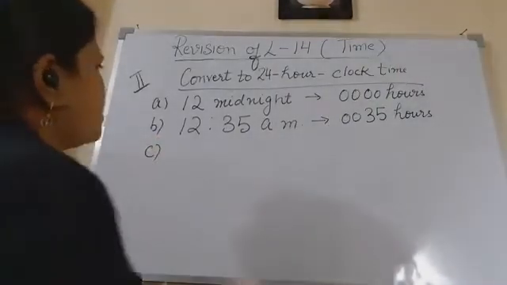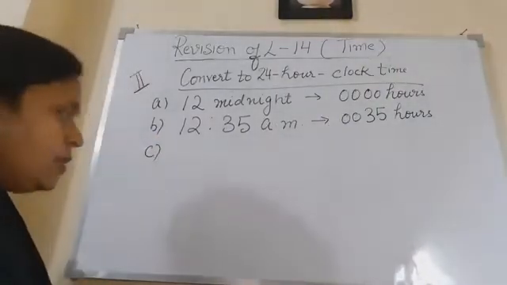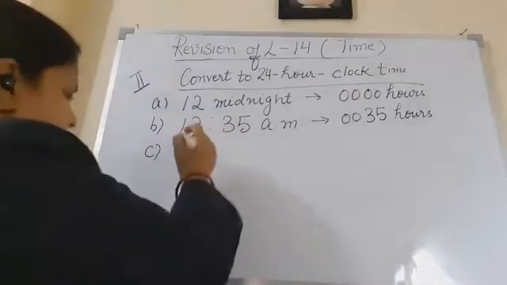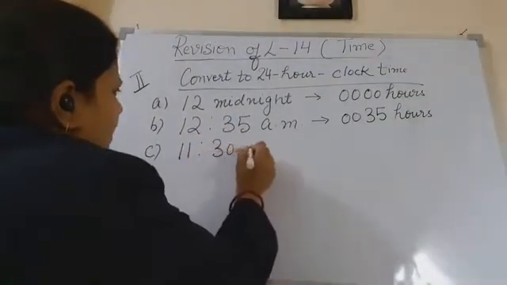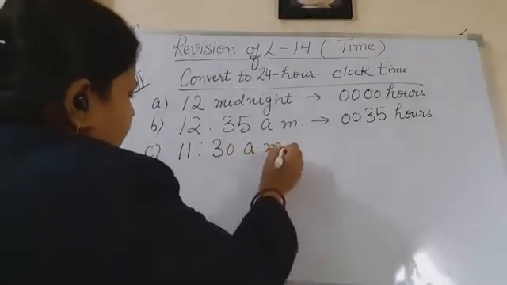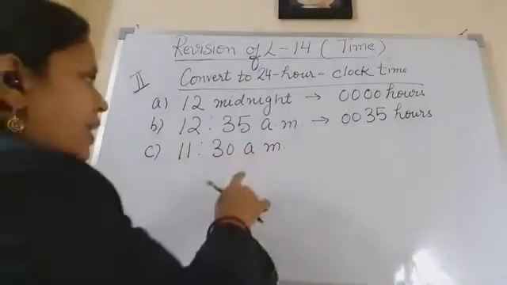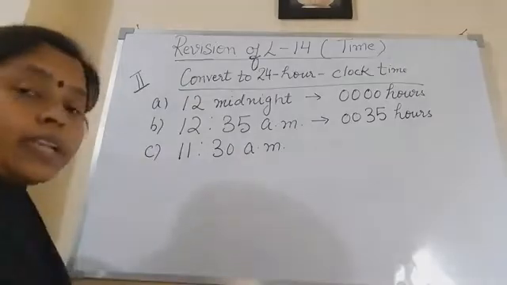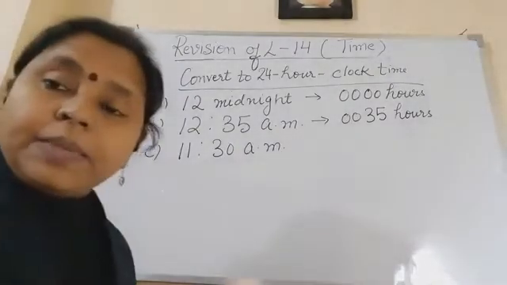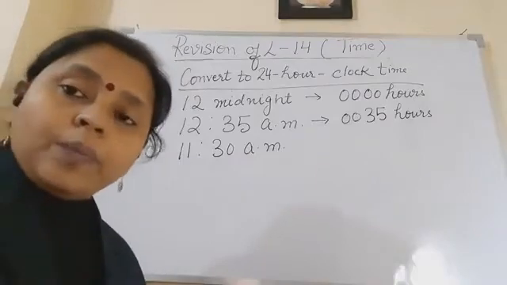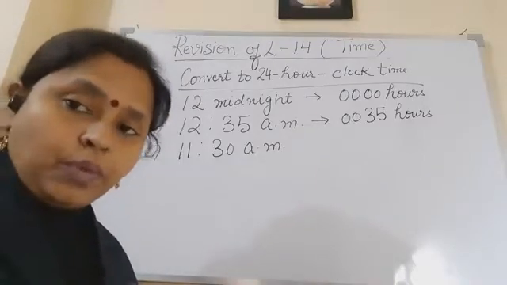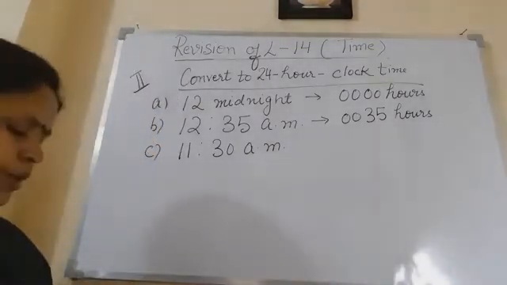Now children, let's do the third part. So the third part is 11:30 a.m. So children, it is very clear that if it is am, it means this is the time before midday. Okay, that is before 12 noon. So how you are going to write this time?